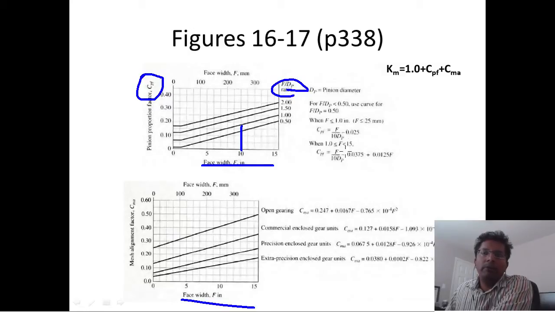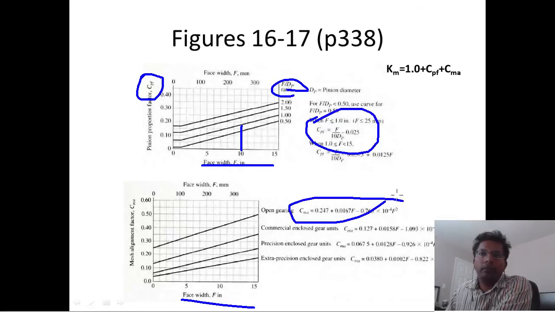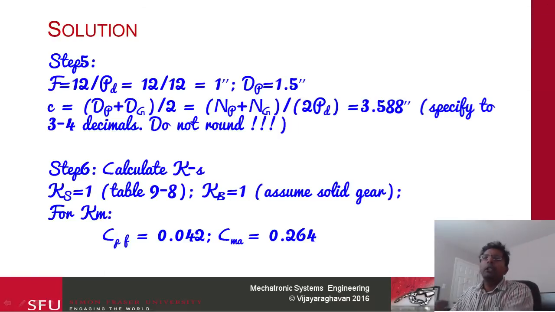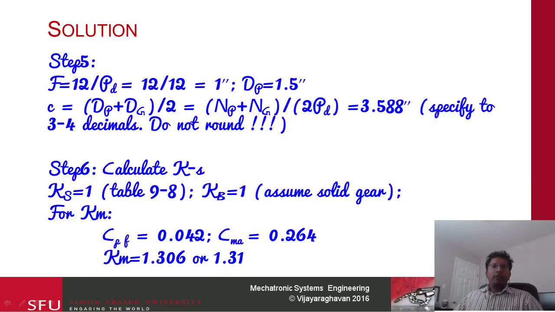Or it might sometimes be easier just to use these formulas over here. We're going to assume open gears, and that makes our life a little bit easier. So once you have this, the formula for Km is basically 1 plus Cpf plus Cma. So that basically becomes 1.306, or we can just simply use it as 1.31.